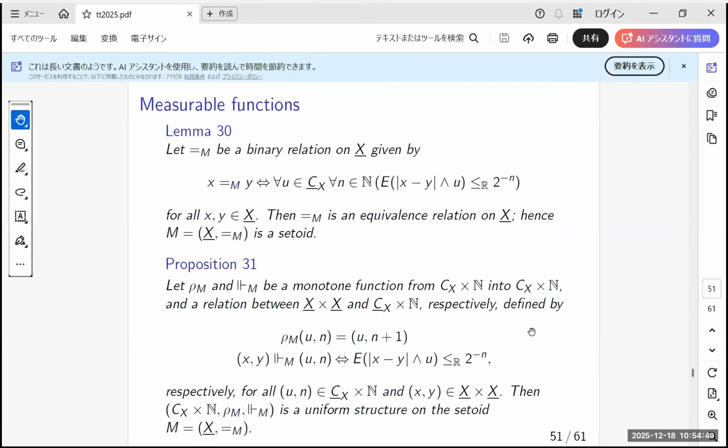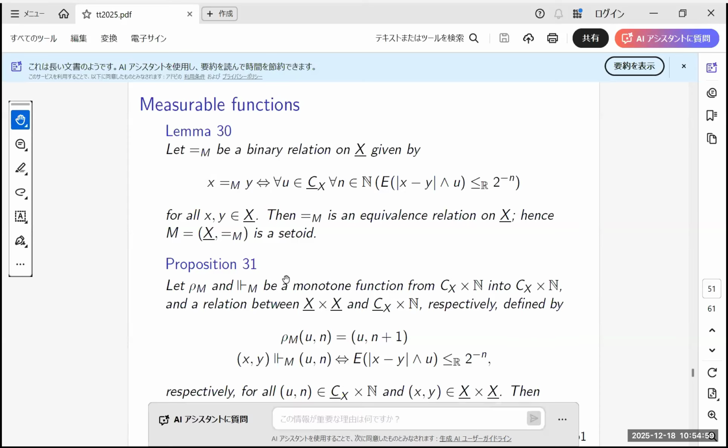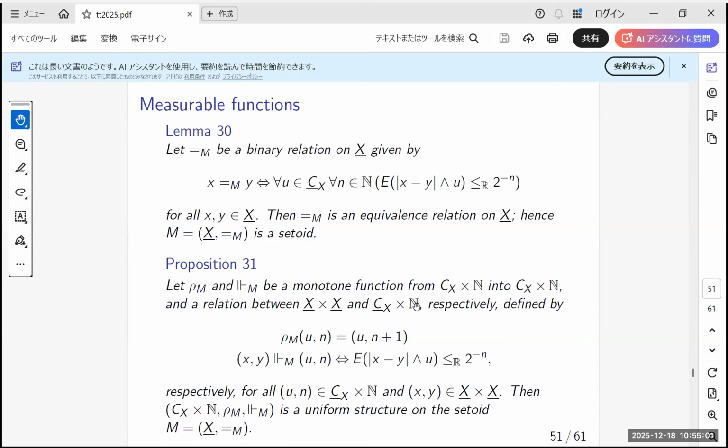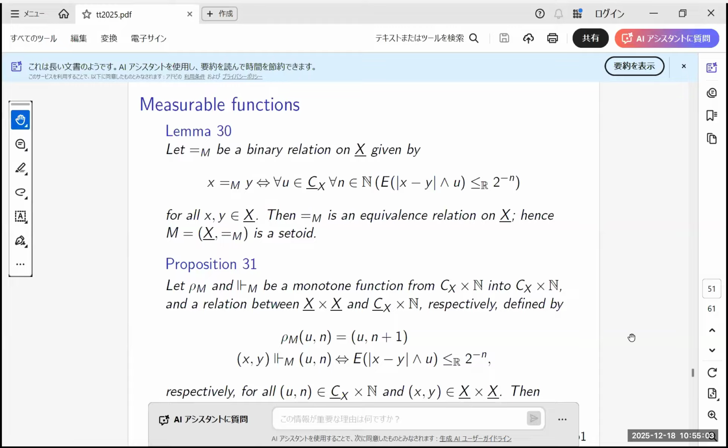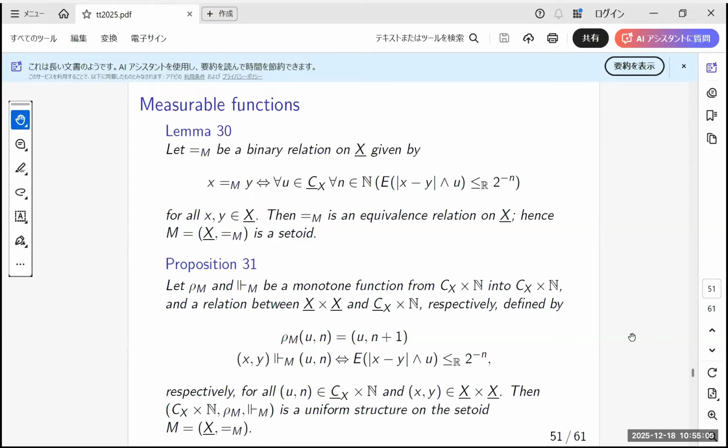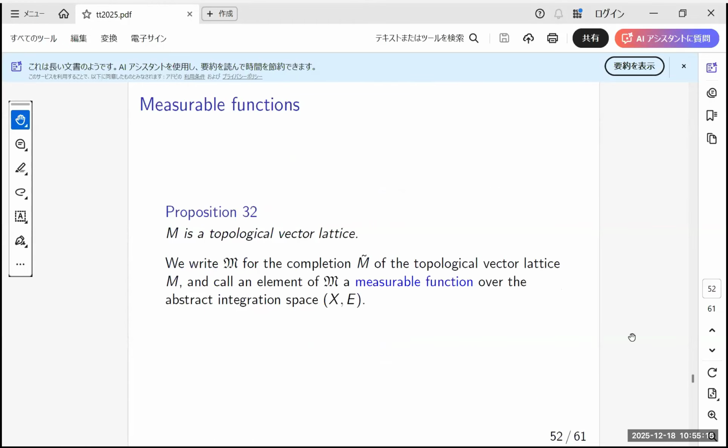And also, we can define another equivalence relation equal M, and also a uniform structure, which consists of the positive cone, the product of the positive cone and the natural numbers, and rho M and the forcing relation are defined in this way.